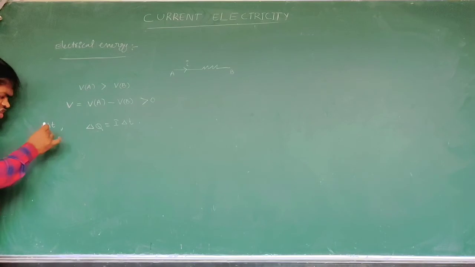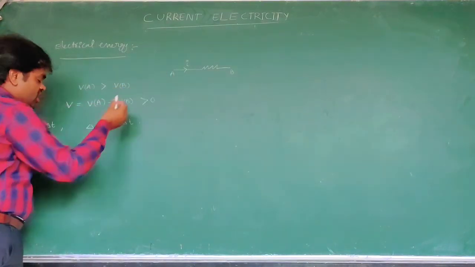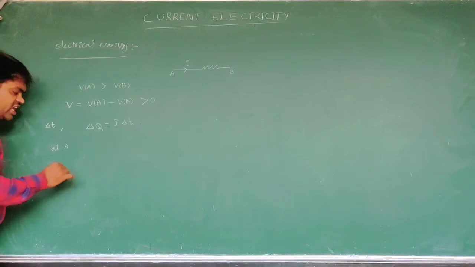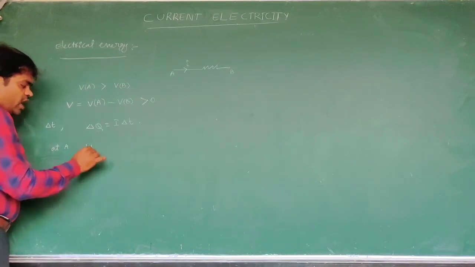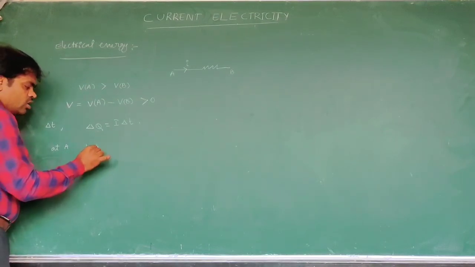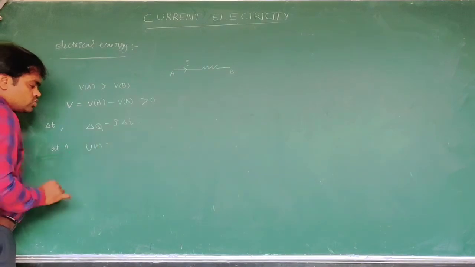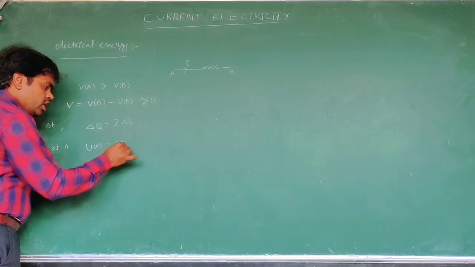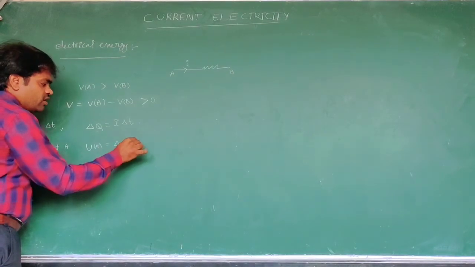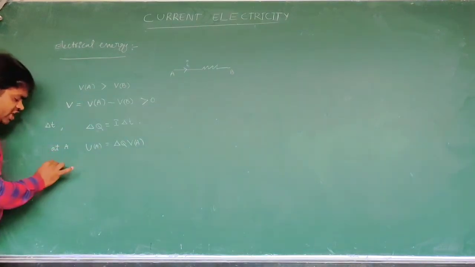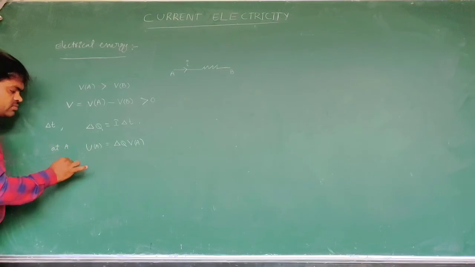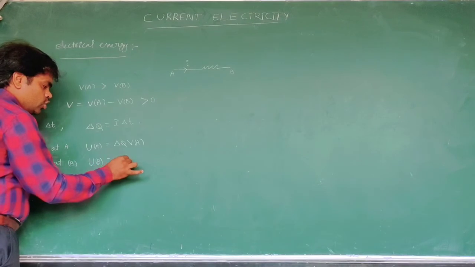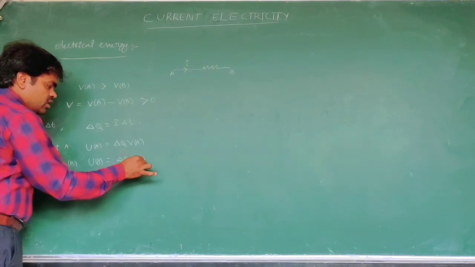Then the potential energy at A, U of A, is delta Q into V of A, and the potential energy at B, U of B, is delta Q into V of B.